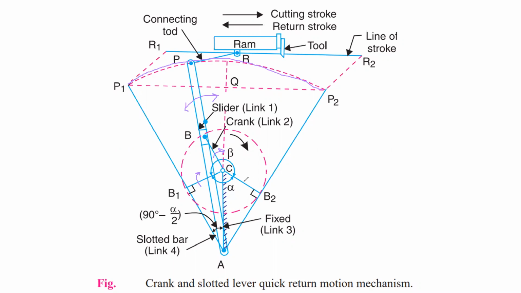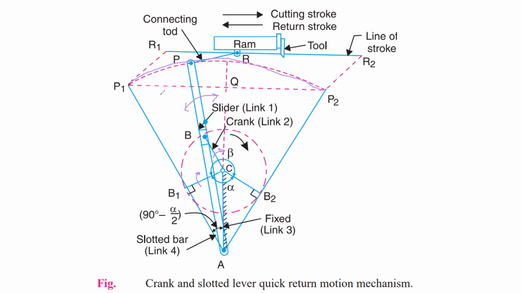Then what will happen when the crank moves from B2 to B1, through the angle alpha? At that time your lever will come back from P2 to P1, to its original position.